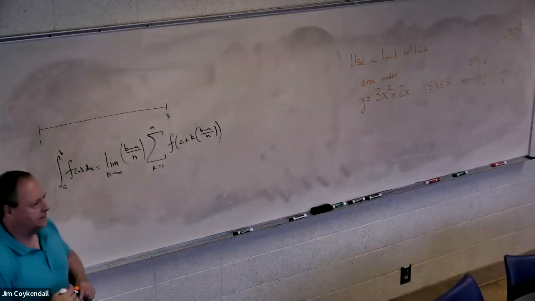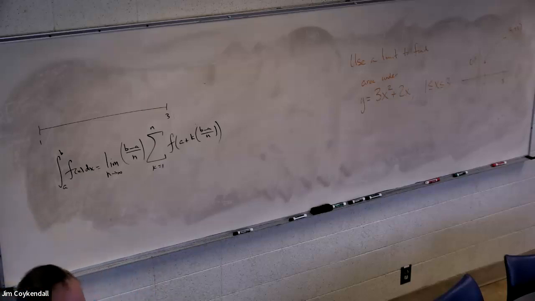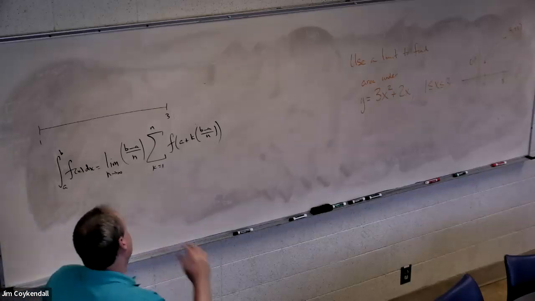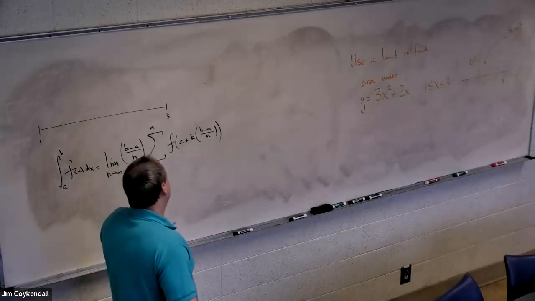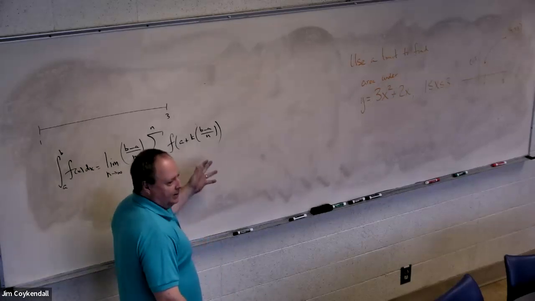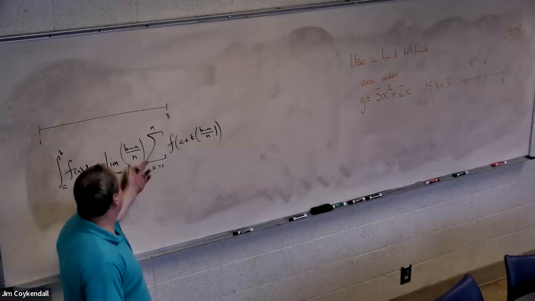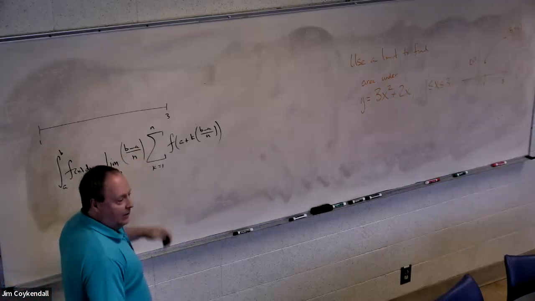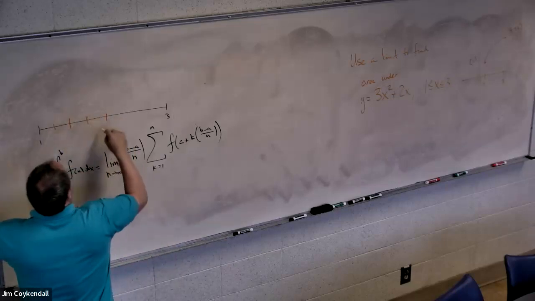Y'all remember that? So do me a favor, and you can always rederive it if you forget it. I will charge you points if you forget it. Just remember this. But basically what this comes from is this means we divide the interval up into n equally spaced pieces.